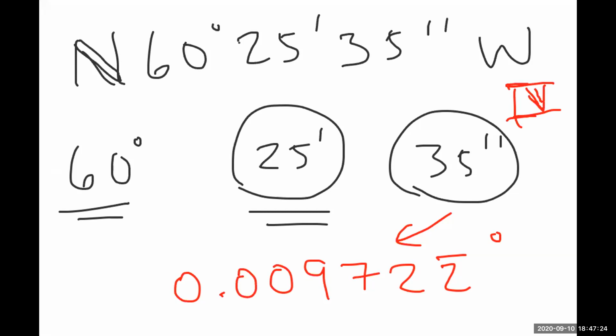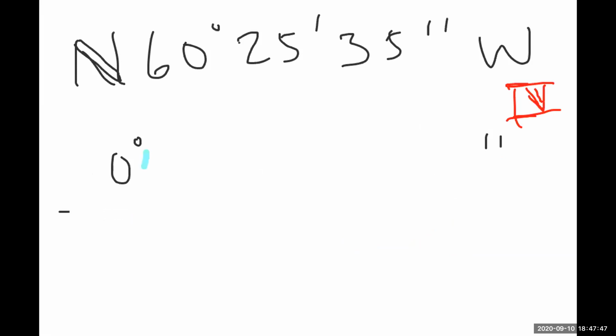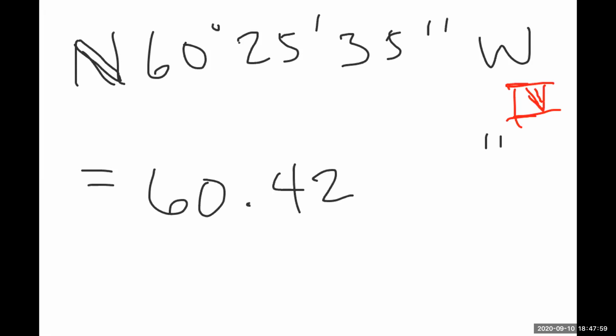So I take the 60 plus 0.416666 plus 0.0097, and that equals 60.42638 degrees.